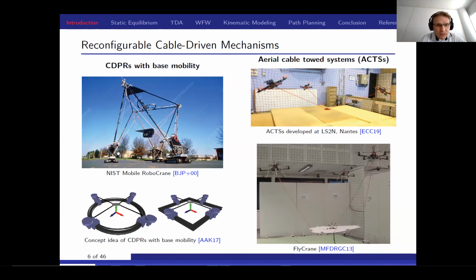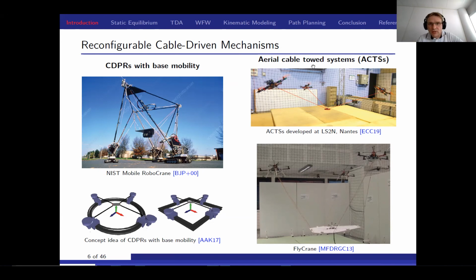At the upper left, a mobile CDPR composed of some mobile bases, and at the bottom left, a mobile CDPR with the pulleys moving along some guides, some rails.